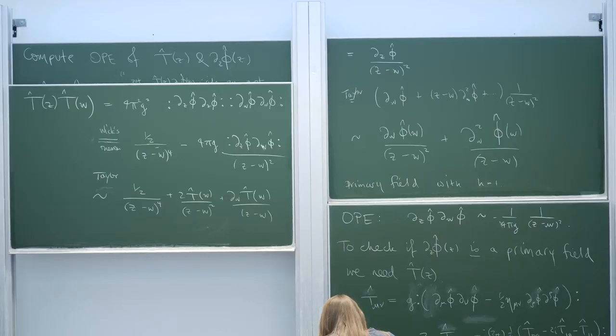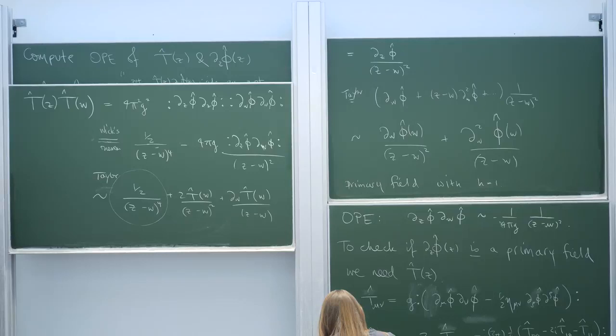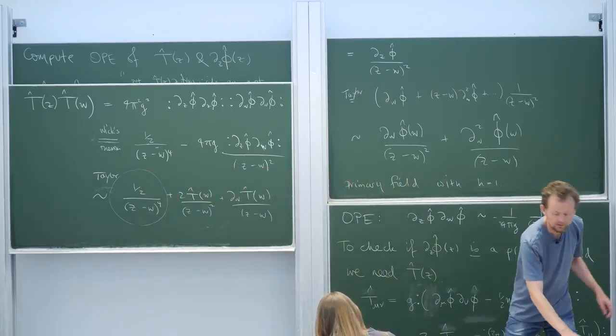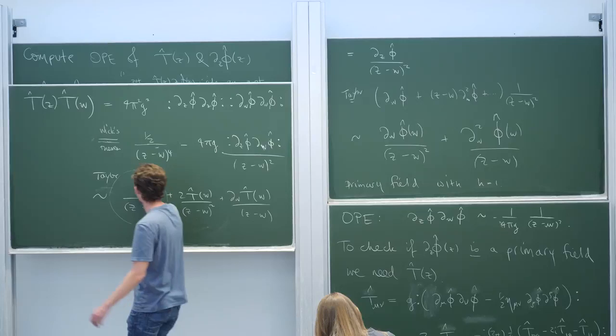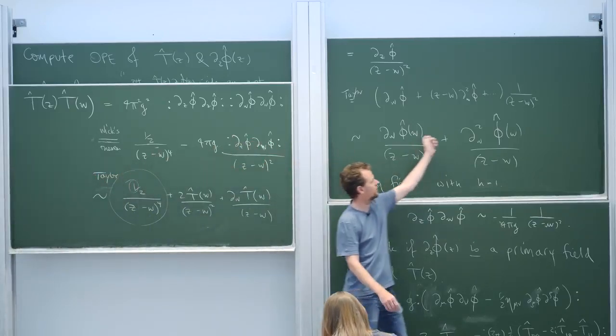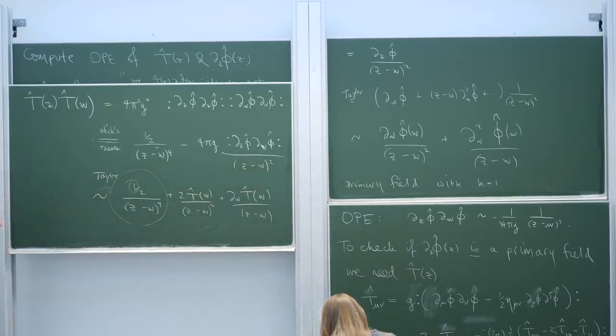Now that's almost, but not quite, the OPE of a primary field of h equal to 2. The problem, if you like, is that term, though it's not really a problem. This is a fundamental feature of quantum conformal field theories. There's an extra term relative to what we would have expected from the transformation law of a primary field of h equal to 2. We have this funny looking term here.